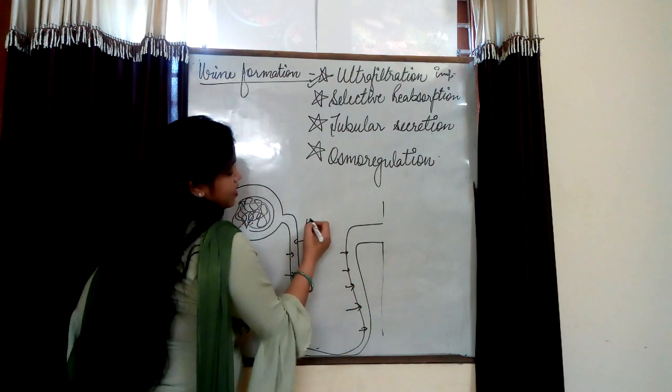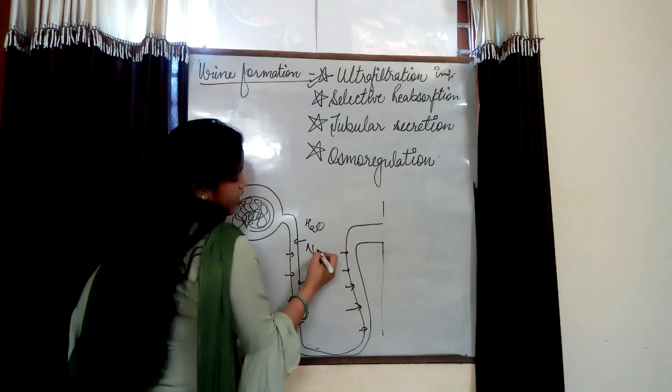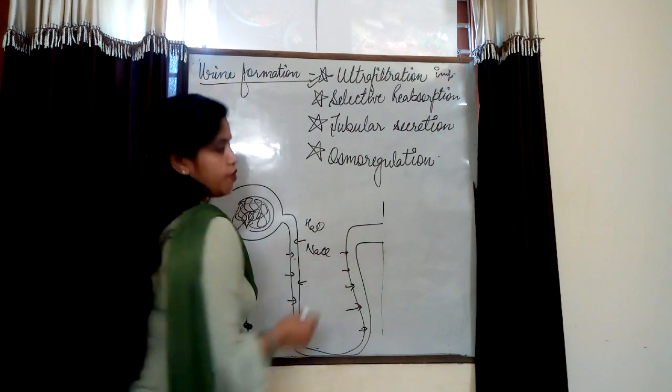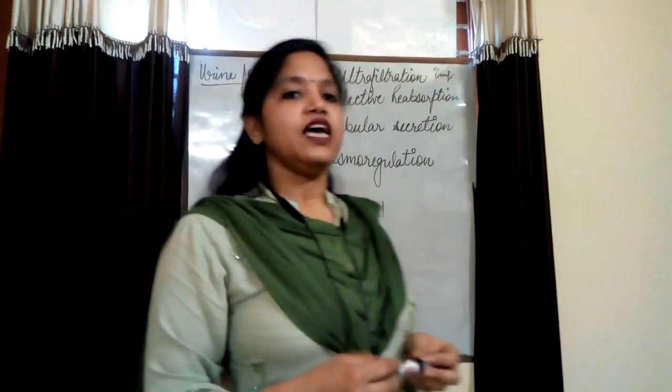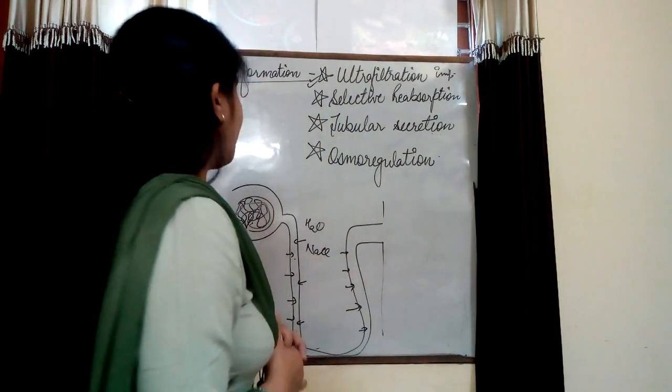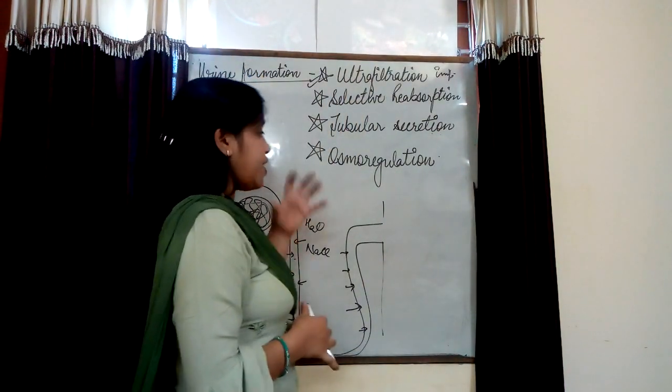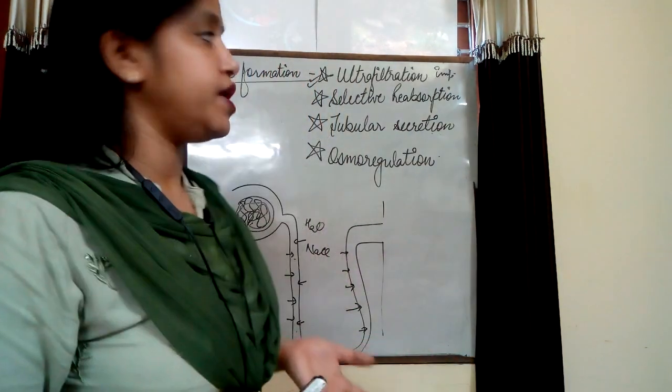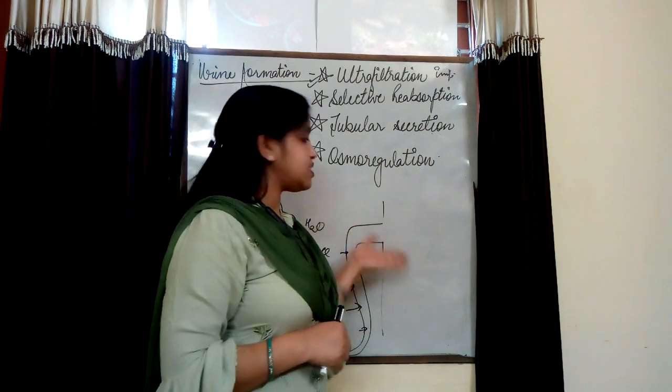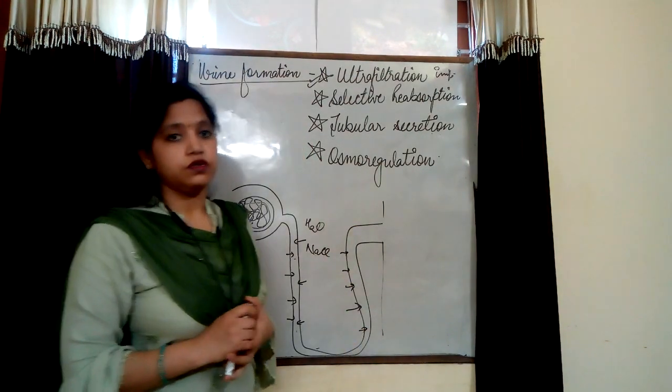By that, a high amount of water and electrolytes is reabsorbed by the walls of PCT, DCT and loop of Henle. Right? Now the solution which is left behind is known as urine.